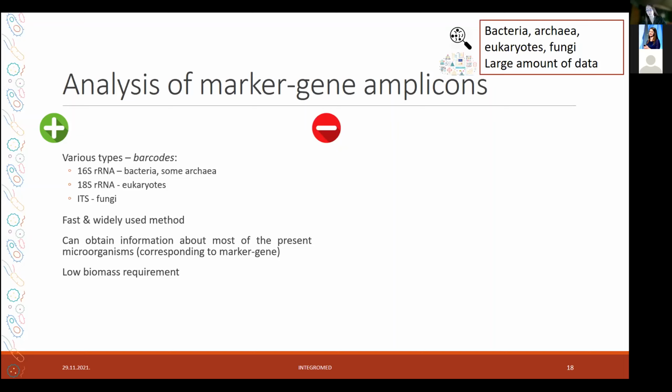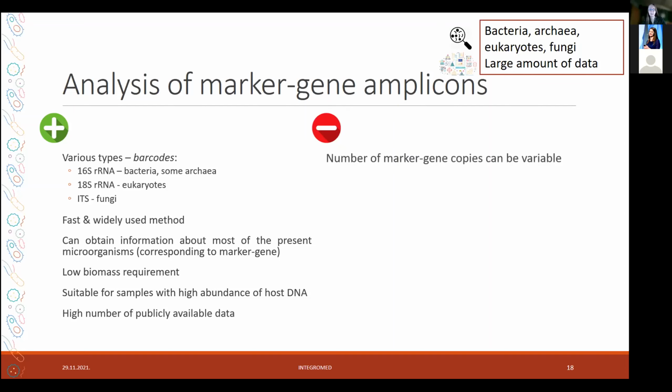The same goes for blood microbiome or other specific microbiomes where the biomass is really low. It's also suitable for samples with high abundance of host DNA, such as the skin and oral microbiome. And there is a high number of publicly available data, which could help if you want to compare your results with other studies. That could be an important factor.